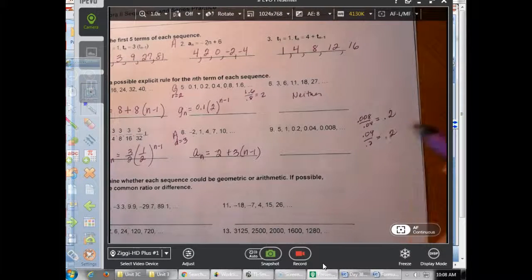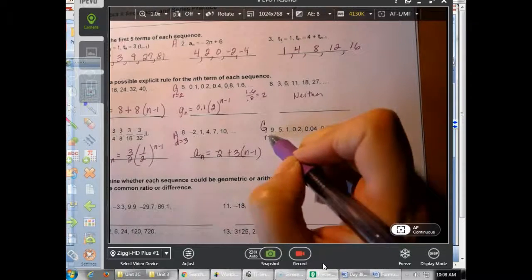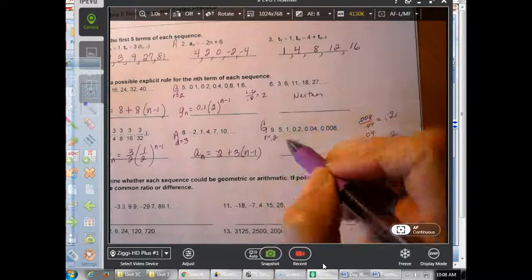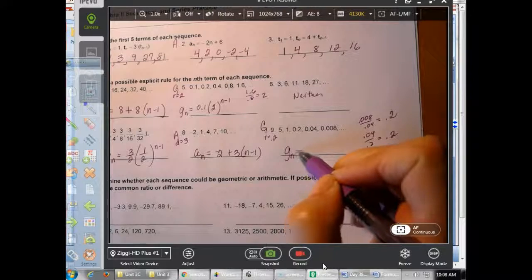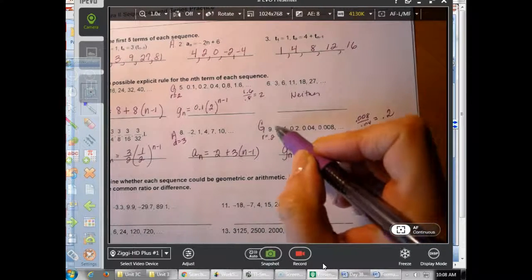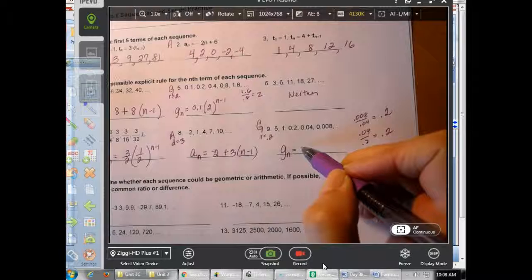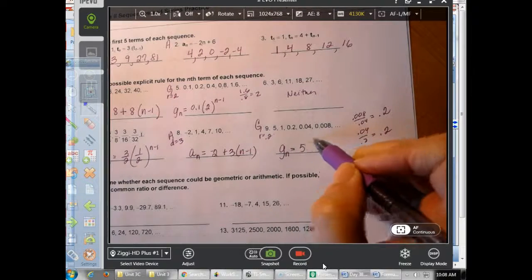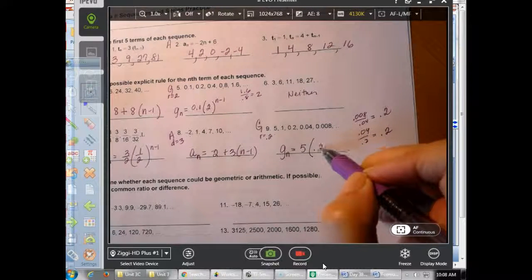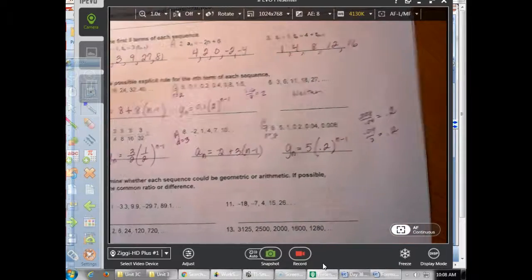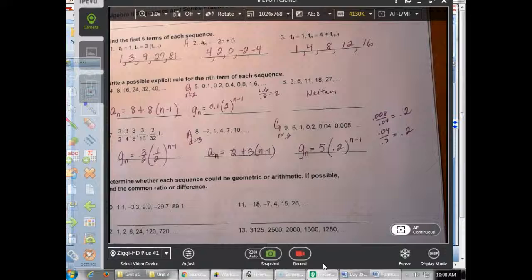So yes, this is going to be geometric with a common ratio of 0.2. So G sub n is equal to my first term of 5, and then I have my 0.2 as my ratio, n minus 1. So those are all just kind of writing out the explicit formula based on the sequence that you see.